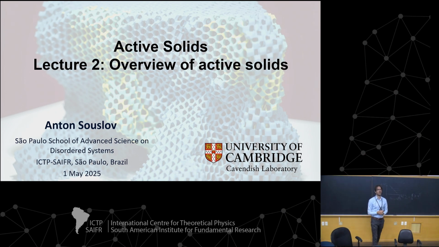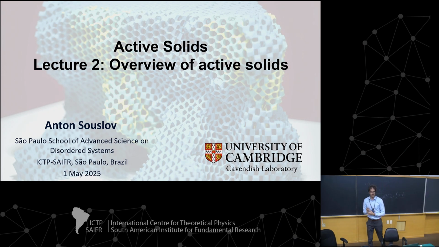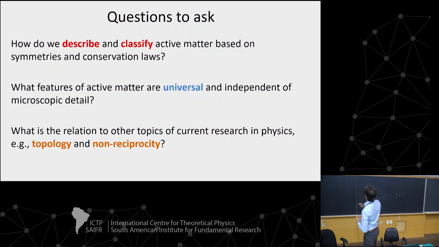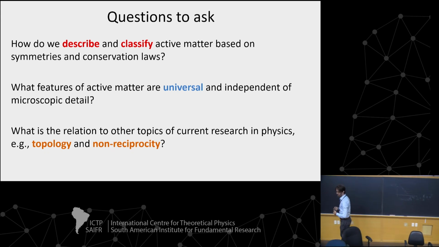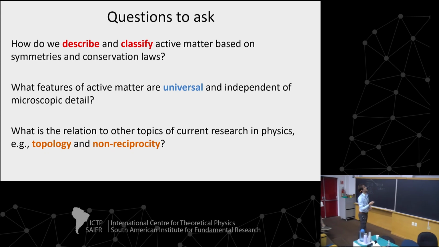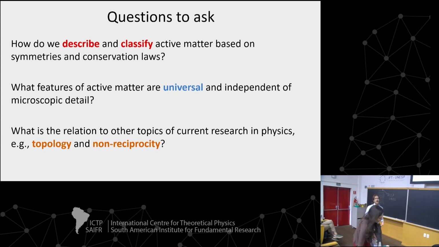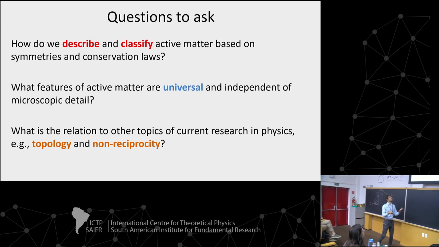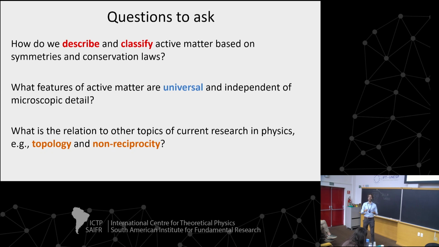I'll just jump right in, since this is essentially going to be a continuation of the previous lecture. Let me just remind you where we were. I asked these questions that I wanted to explore about describing and classifying active matter based on symmetries and conservation laws, which is a natural kind of question to ask for a physicist, and to try to see what sort of universal properties you can have for active matter that are independent of the specific model details or the specific physical systems.